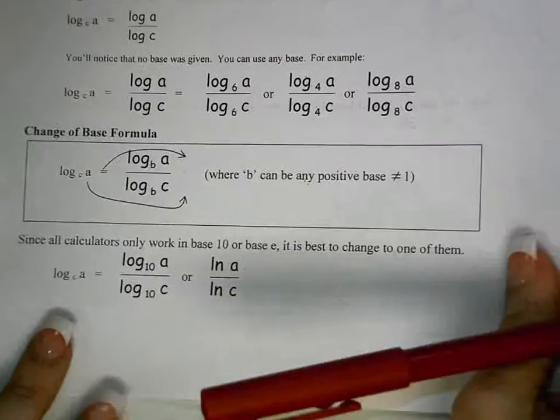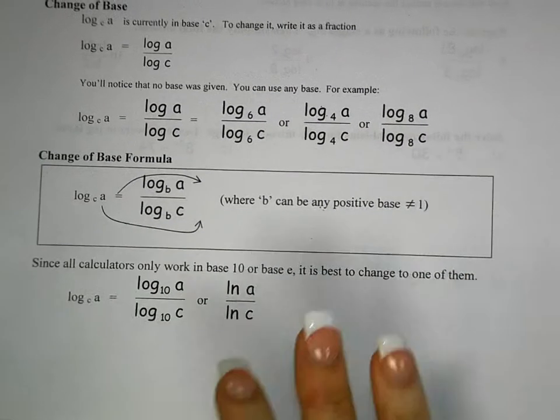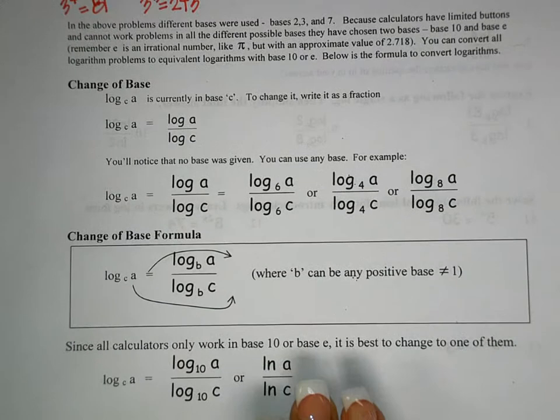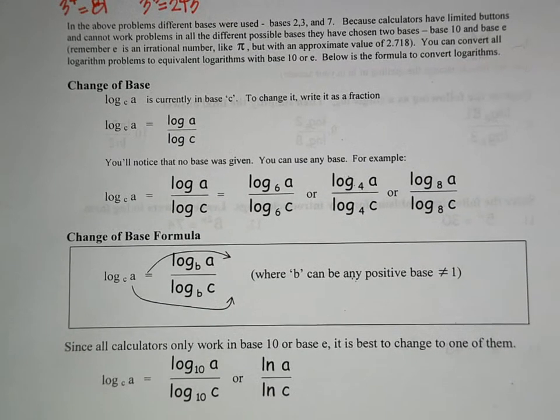Now, the most important thing that we're doing today is called change of base. This is a theorem. The reason we have the change of base theorem is that if I ask you to find a log value on your calculator, the only bases that calculators work in are base 10 or base e. Most of our answers are not written in base 10 or base e. So someone had to figure out a way to change the base so that we could do it on a calculator.